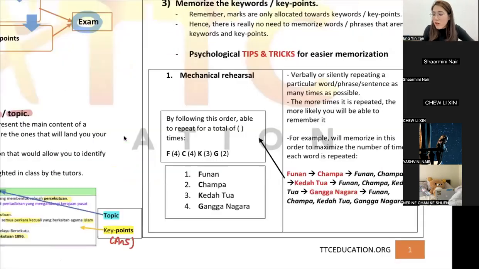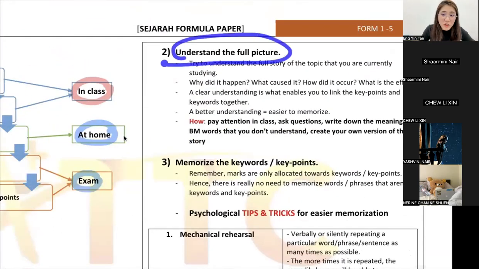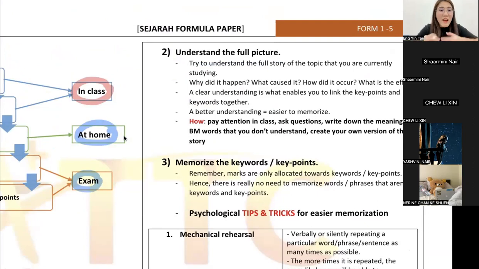Okay? So moving on to the next one is understand the full picture. You can use, I remember you guys learned the essay, right? Like how to write the elaboration and everything. You can use the 4W and 1H. Ask yourself questions: why did this thing happen? What happened after that?